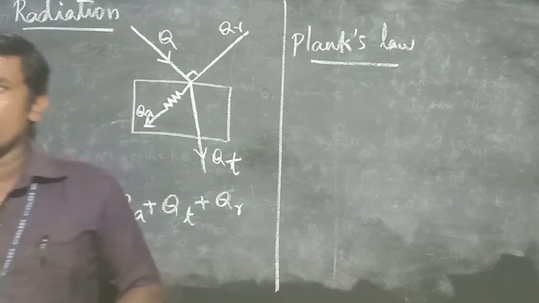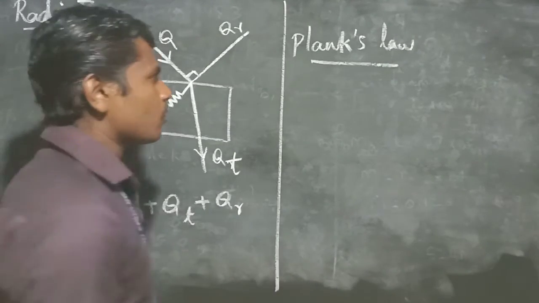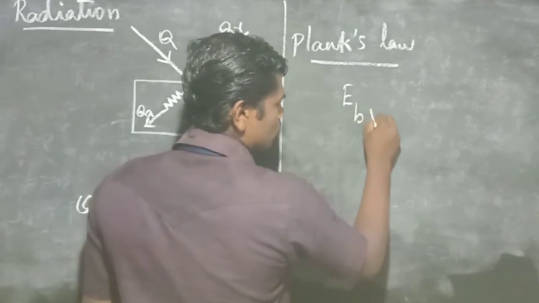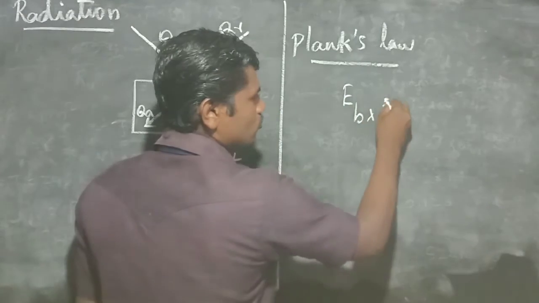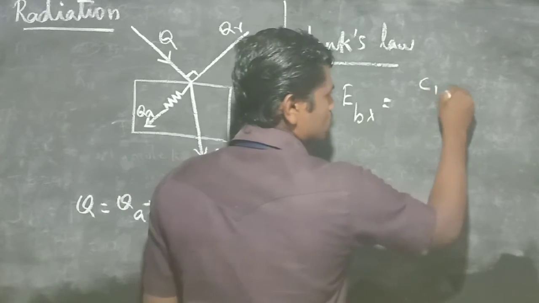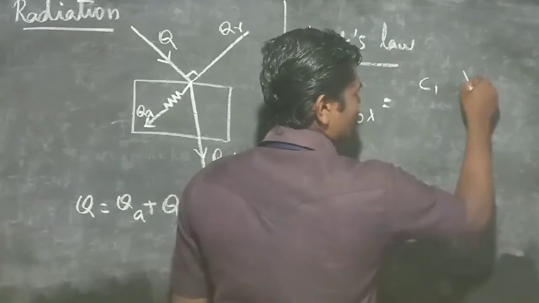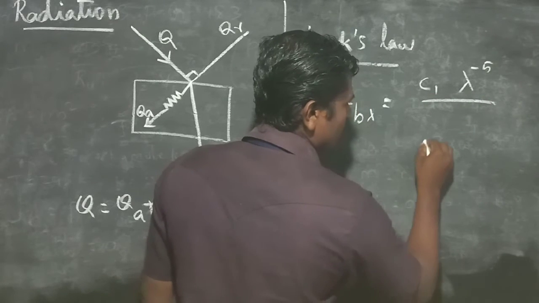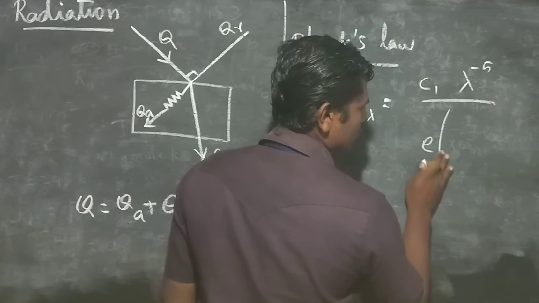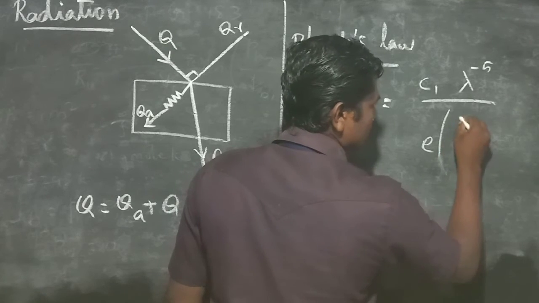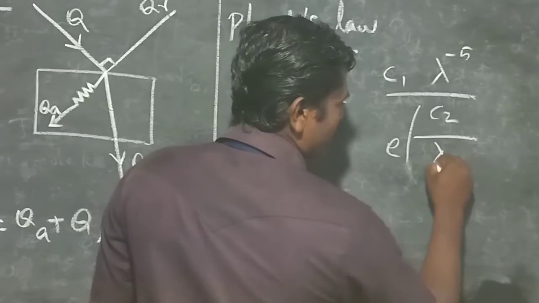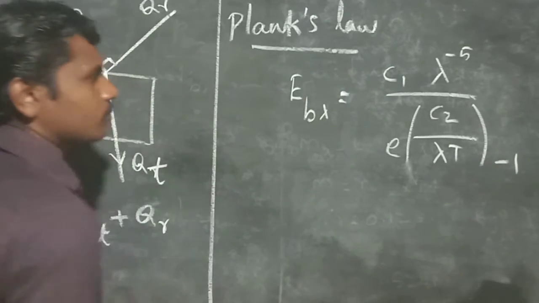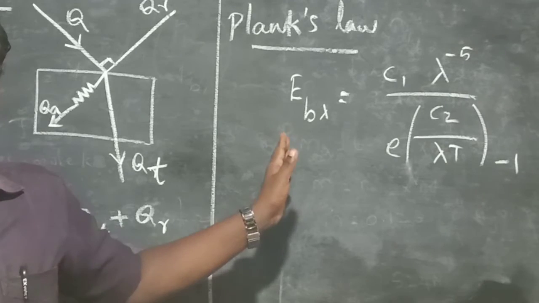The formula is emissive power equal to C1 lambda power minus 5 divided by the exponential of C2 divided by lambda T, minus 1. From this equation we can find the value of emissive power.